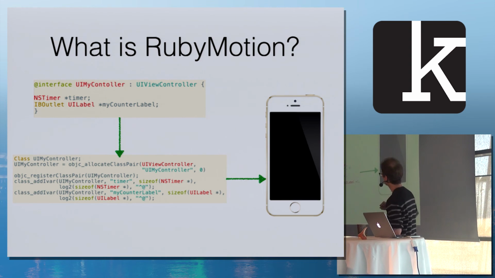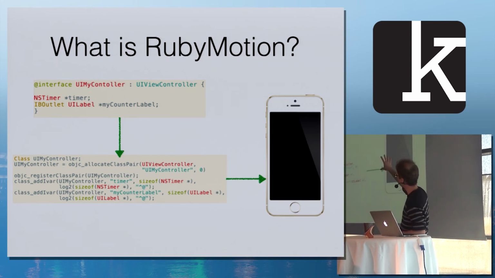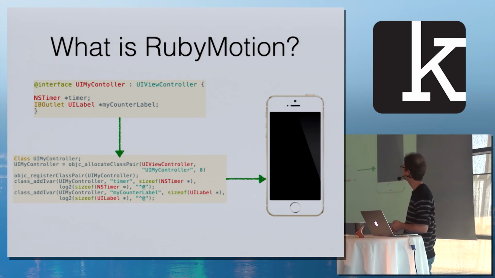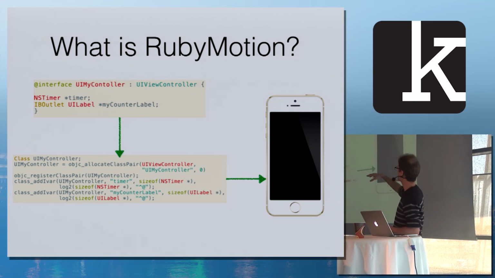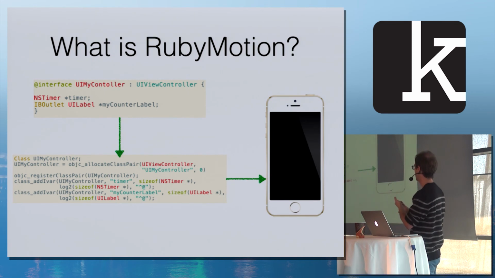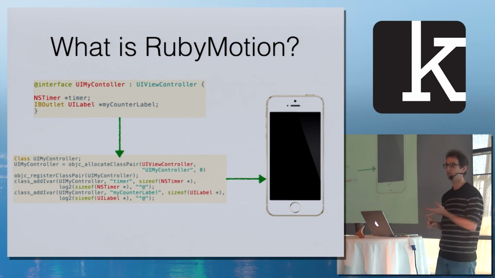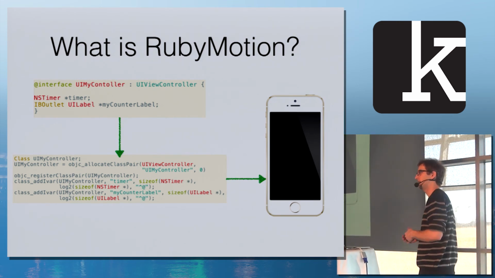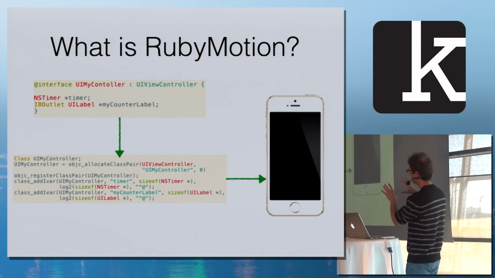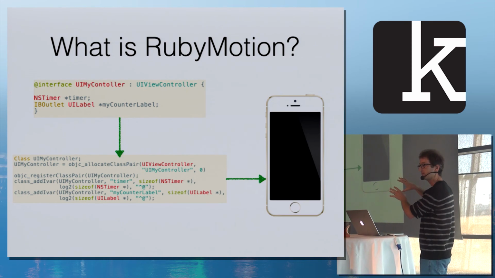So this is just a small sample. You've defined a class with some ivars, very simple, but the compiler actually has to turn this into a call to this C function, allocate class pair, and then register class pair, and then add ivar and add ivar. When you start calling methods, there's obviously message send and all sorts of different C functions, right?